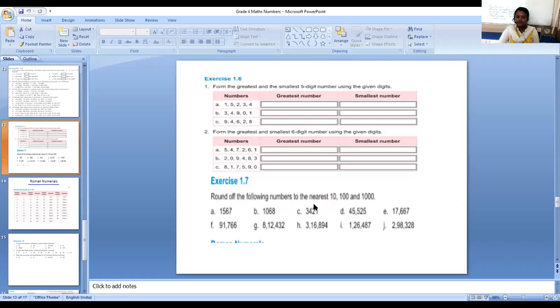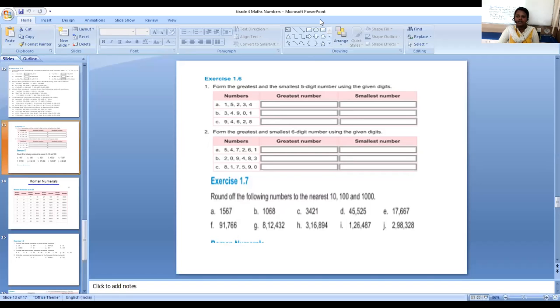Rounding off the following numbers to the nearest 10, 100 and 1000. So we have 1567. When I have to round off to the nearest 10, I need to first look at the number of digits. We have 4 digits.